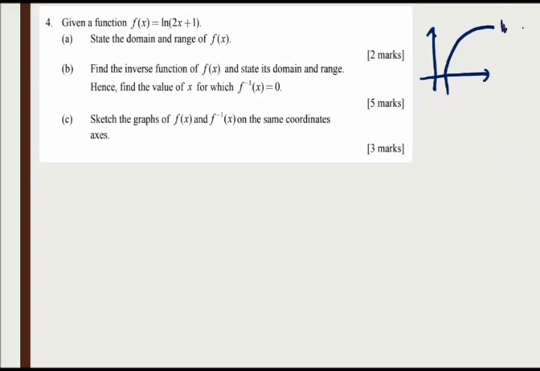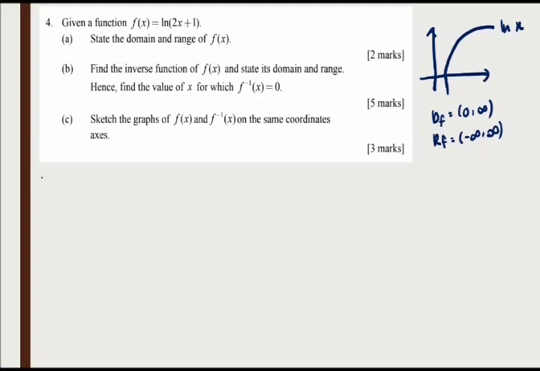This is our function for ln x, y equals ln x. Let us check the domain for the basic function. That is from 0 to infinity, with 0 as our asymptote, and the range will always be negative infinity to infinity. That is all real numbers for the range of this function.